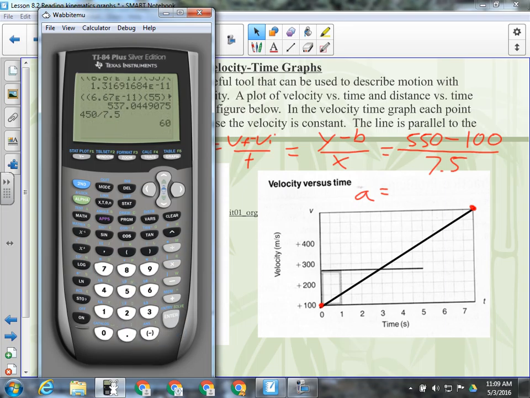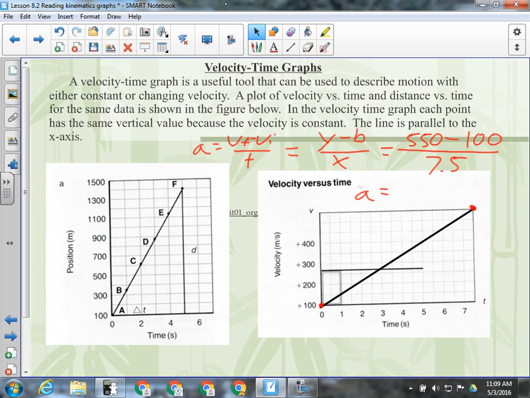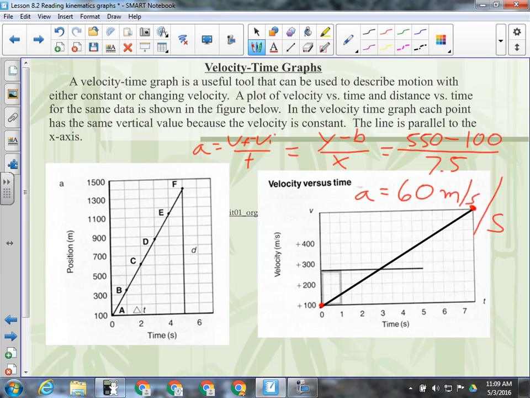All right, so the acceleration of this object is 60, but what are my units? Meters per second are the units for velocity. I'm changing my velocity, so I'm showing the rate at which I change my velocity. Meters per second, per second, okay?